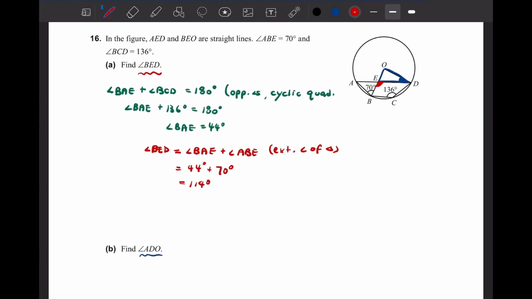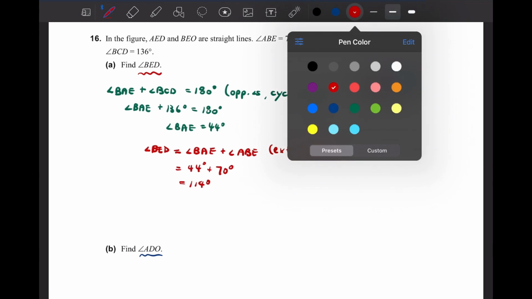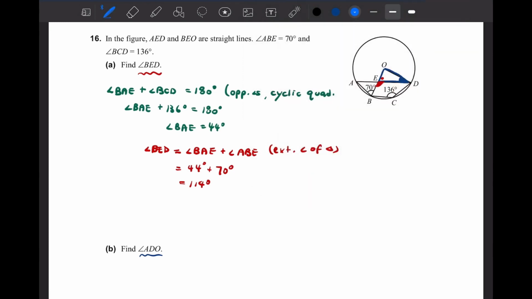But for a triangle, in order to find the third angle, you have to have two pieces of information first. But first of all, we only have one. Even though you tell me that 180 minus that BED 114, you will get this angle here, that triangle still doesn't have the second piece of information because those two count as one. So in order to have the second information, we're talking about angle EOD.